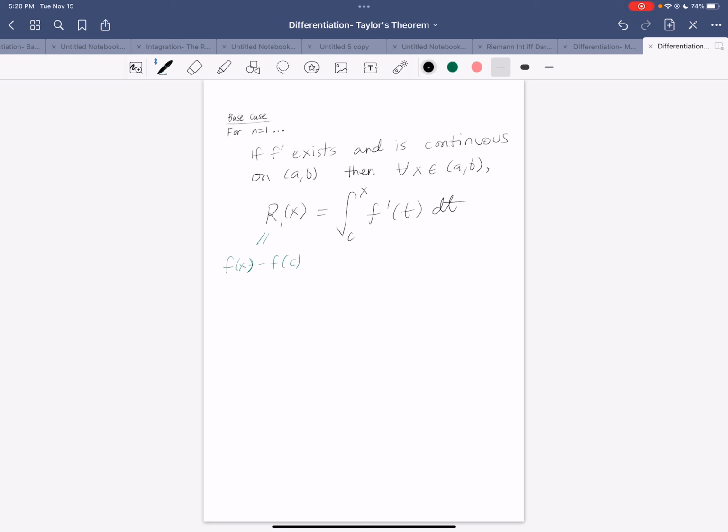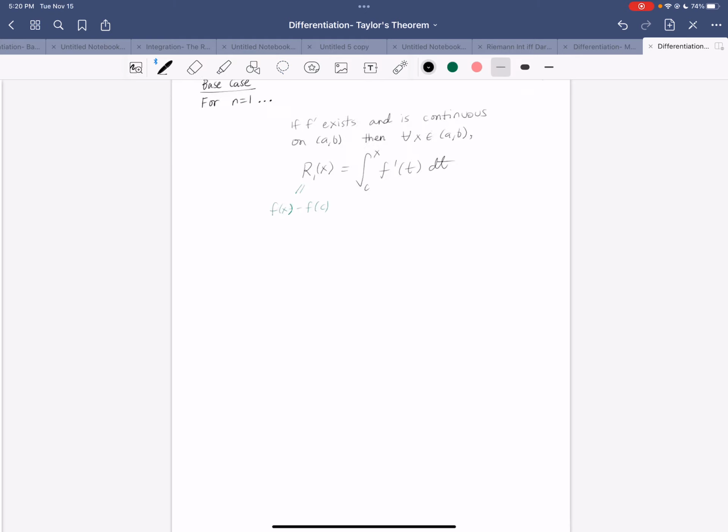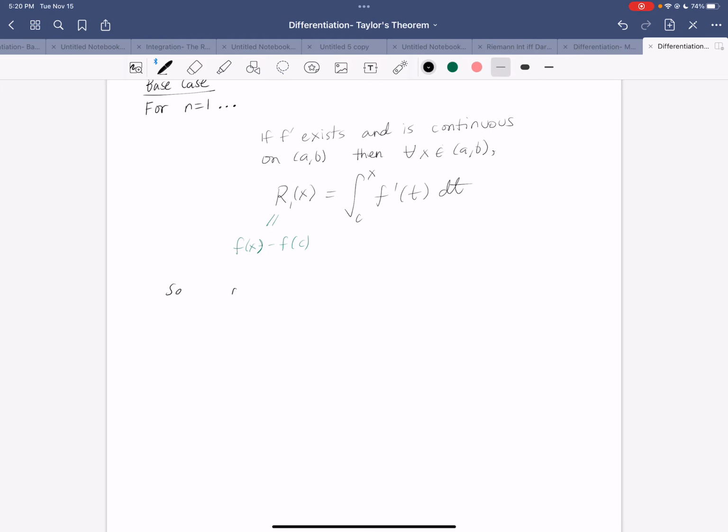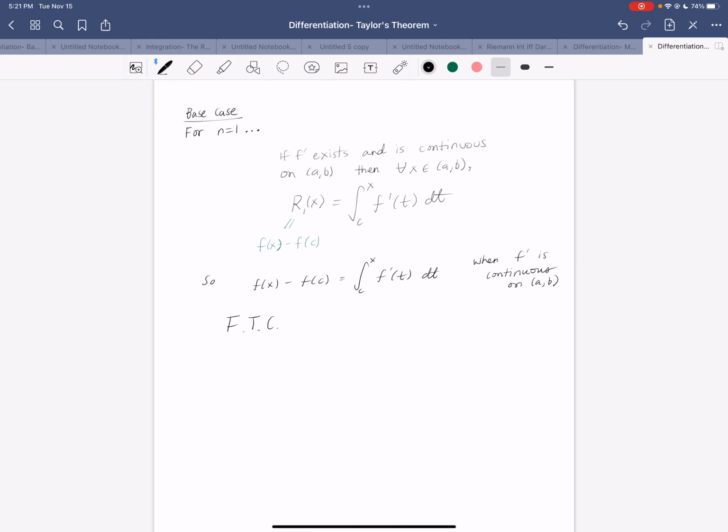So the case of n equals 1 is literally the statement of the fundamental theorem of calculus. Okay? So this is the fundamental theorem of calculus, and we will talk about this in class shortly. Within the next couple of weeks, we'll discuss this in class. Now, that's the base case. And so now let's do our inductive case.